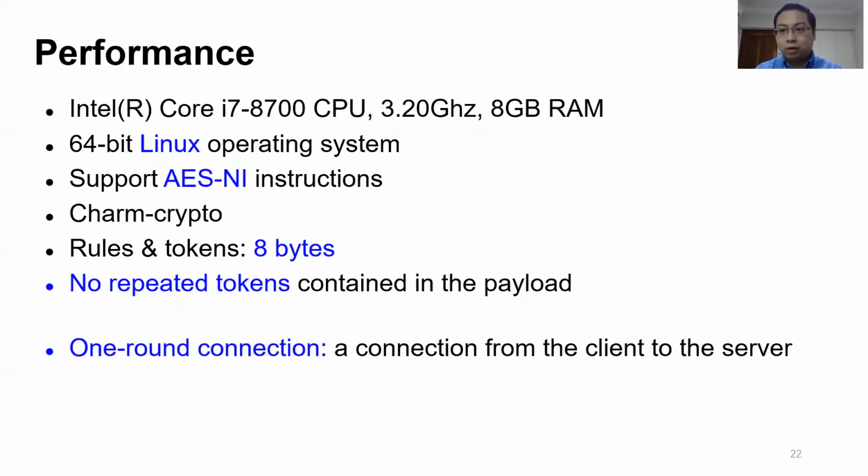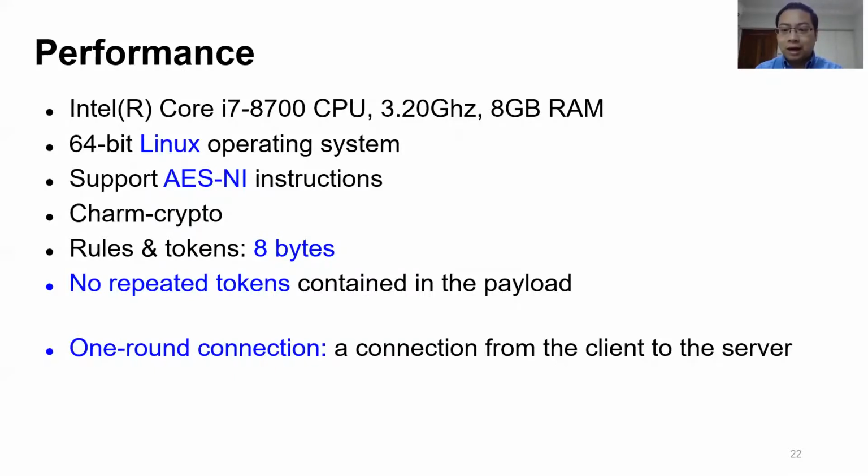Our experiment runs on the computer shown in these slides, and the CPU supports the AES-NI instruction, where the encryption of tokens and the encryption of rules reflect this hardware support.